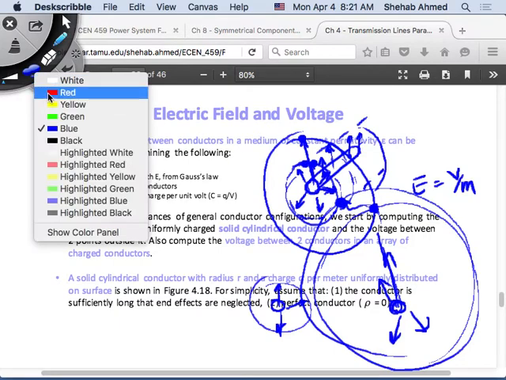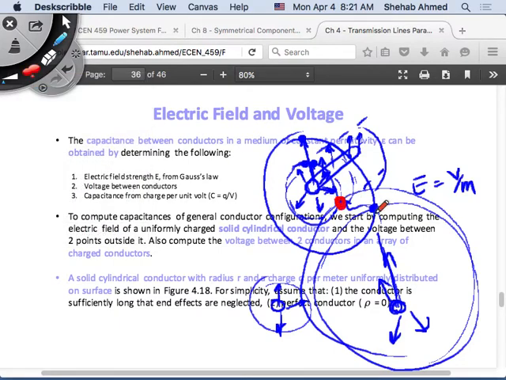So my 2 points of interest, for example, are here. These are the 2 points I want to calculate V between, right? The voltage between these 2 points is affected by this conductor's electric field, and this conductor's electric field, and this conductor's electric field as well, right?